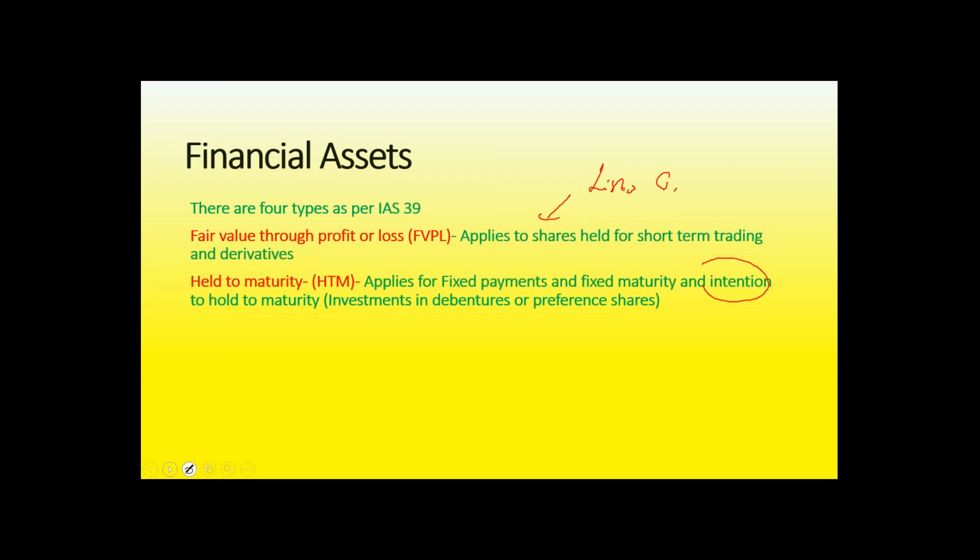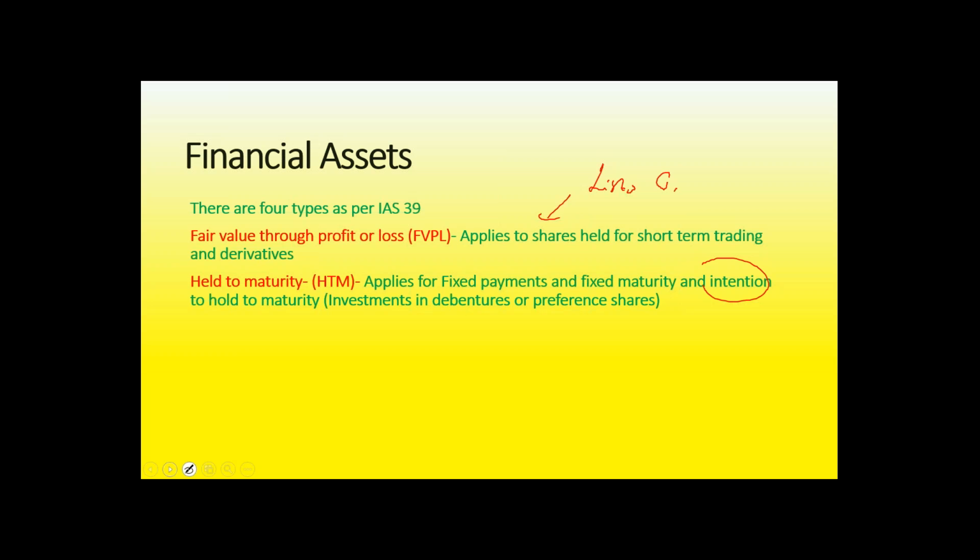The first one, you never have the intention of holding for a longer period. You are just holding for a short period, and that is why it is called fair value to profit or loss. For held to maturity, it has to be a very genuine intention. Say your company is in a big financial crisis and you go and buy some bonds which are going to mature in 2020, and you know for certain you can't hold them.